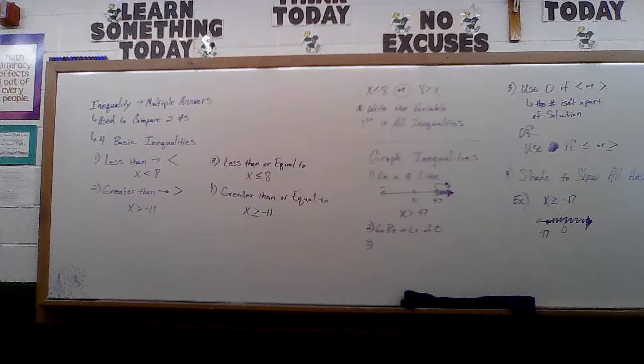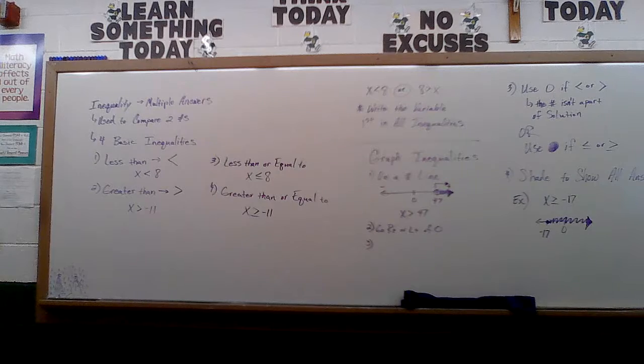Yes. 6 is bigger than 4, right? How about number 21? If I put my 9 into the equation, x divided by 3 is greater than or equal to 2, is that true or false? True, right? Because my answer is 3.